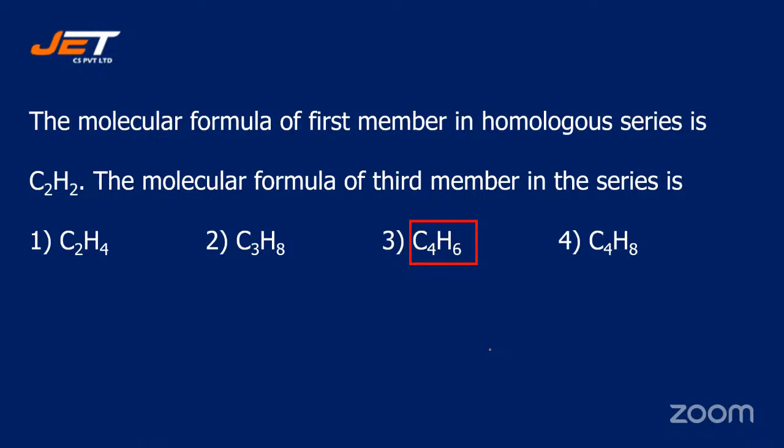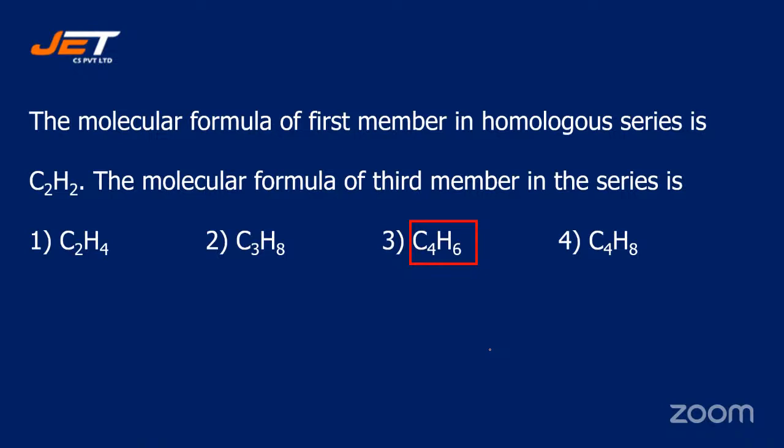Okay, students, the correct answer is C4H6, option number 3. Excellent, students. I can see maximum of you have replied option number 3 only. Raju, Vemila, Bhavna, Harika, Puneet, Neha, Jizan, you all are correct.